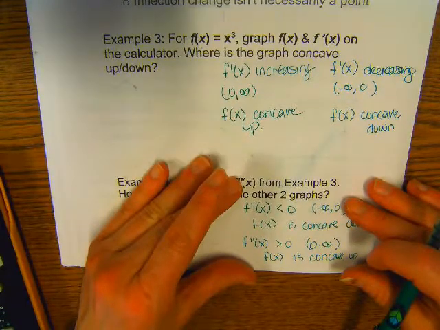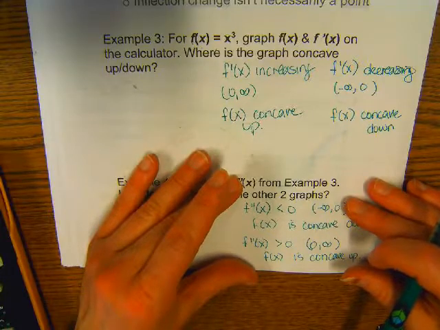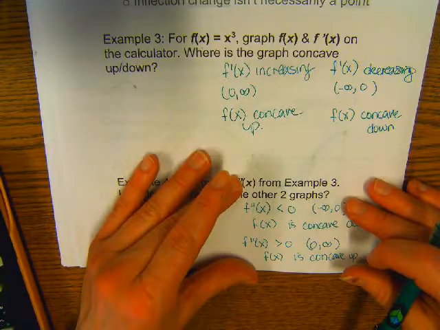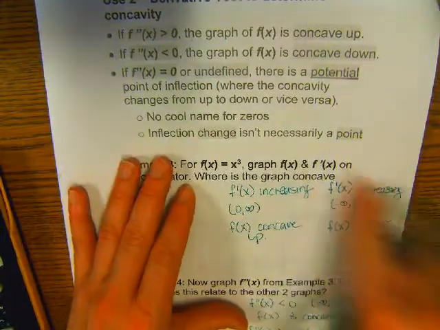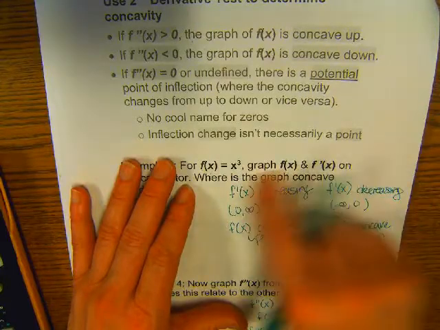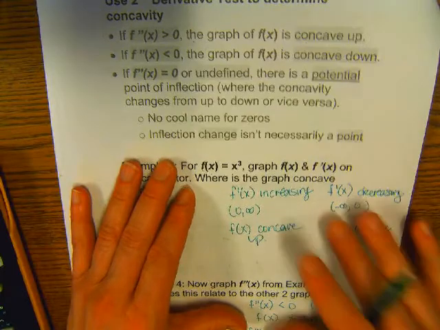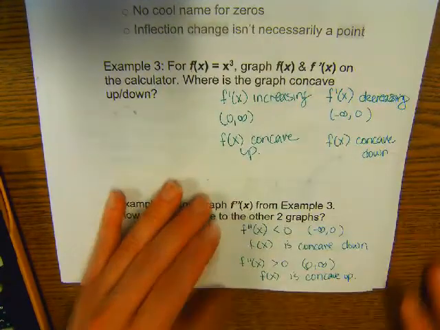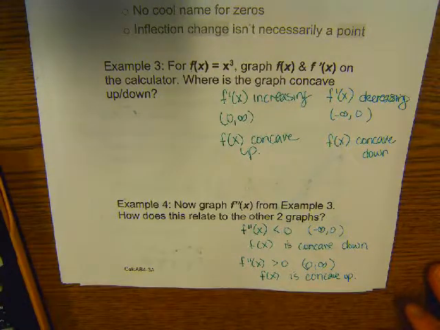So you should be able to use both the first and second derivative tests. With the picture of the derivative, you're going to want to think of it this way: where's the function concave up? I need to look at where the derivative is increasing. So you should be able to tell concavity with both the first and second derivative tests.